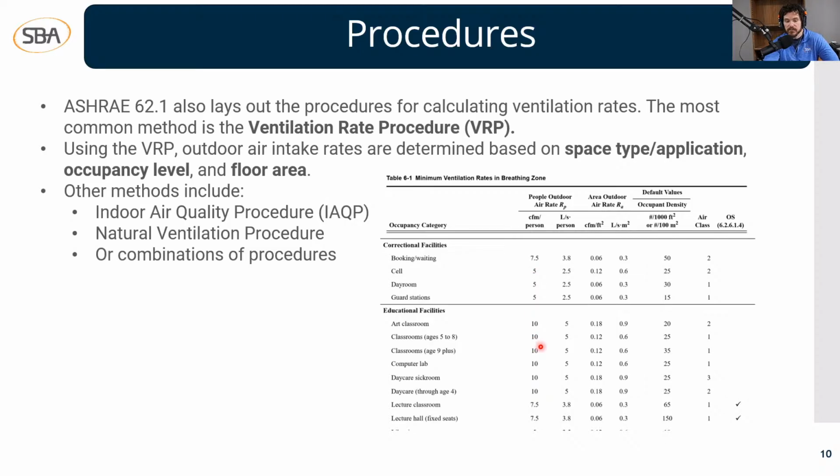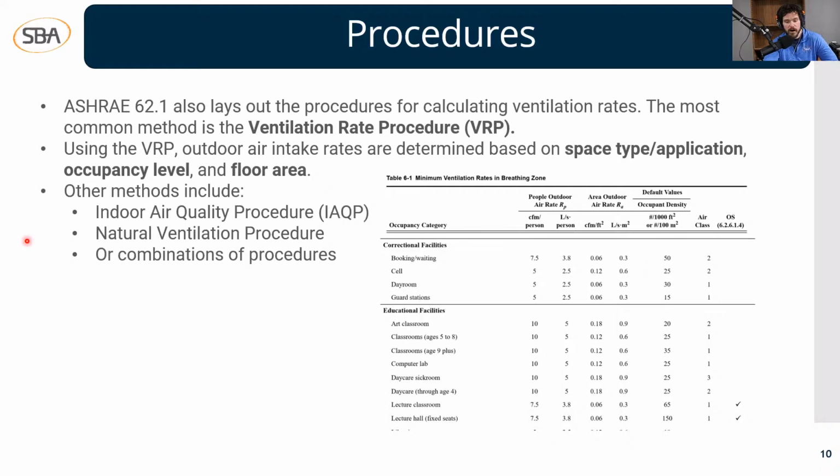Now, the next method is our indoor air quality procedure, or our IAQP. This one is performance-based. So instead of using preset numbers, you prove that your design meets contaminant limits using measurements or models. So it's more flexible, but also riskier.